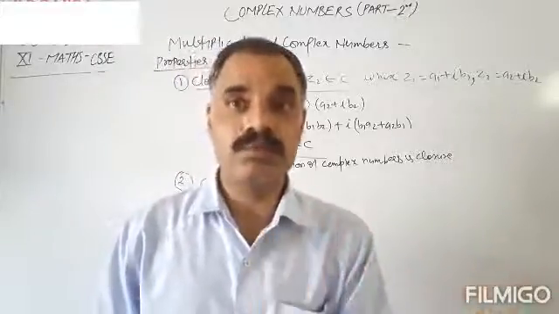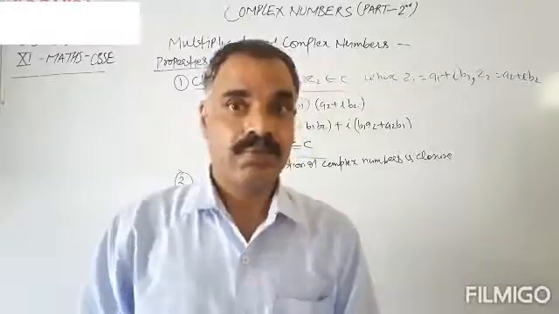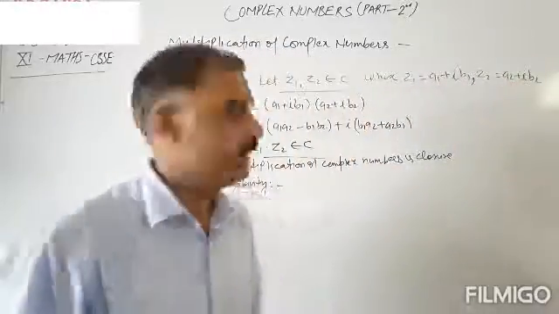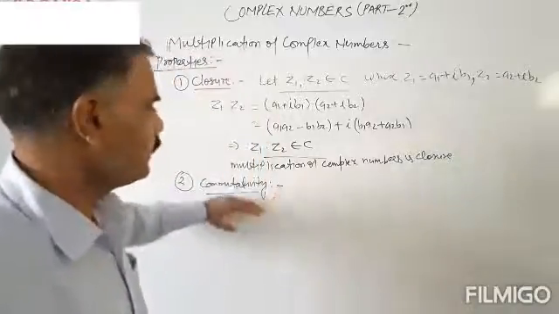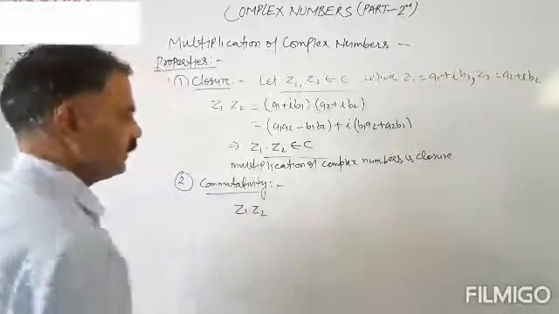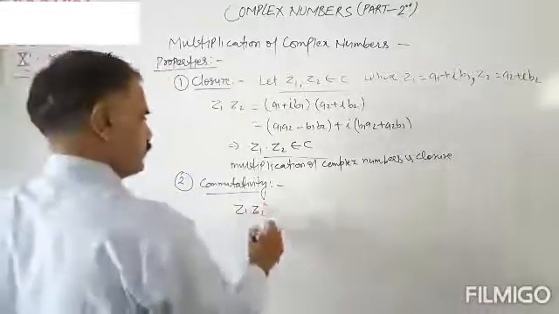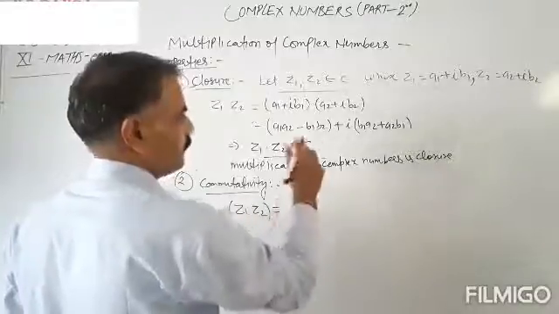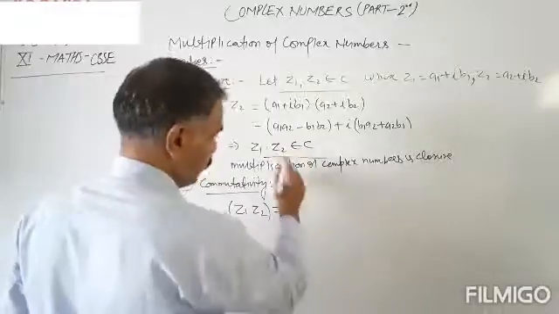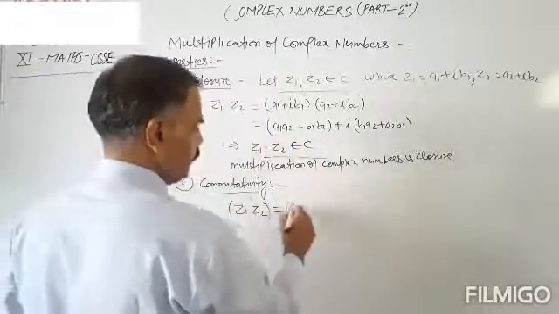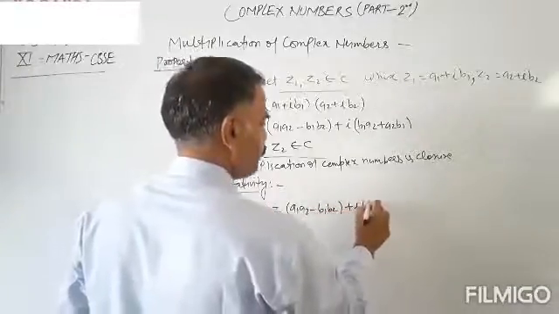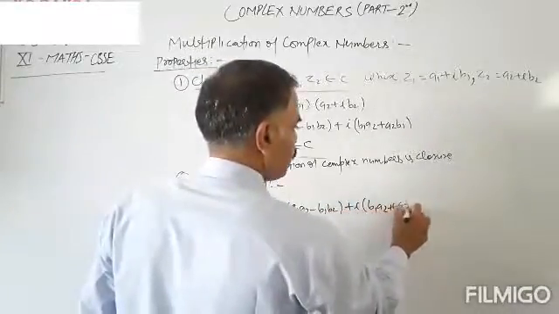Z1 and Z2 are two complex numbers having the form A1 plus iota B1, A2 plus iota B2. So for commutativity, Z1 into Z2 is equal to A1 A2 minus B1 B2 plus iota (B1 A2 plus A2 B1).